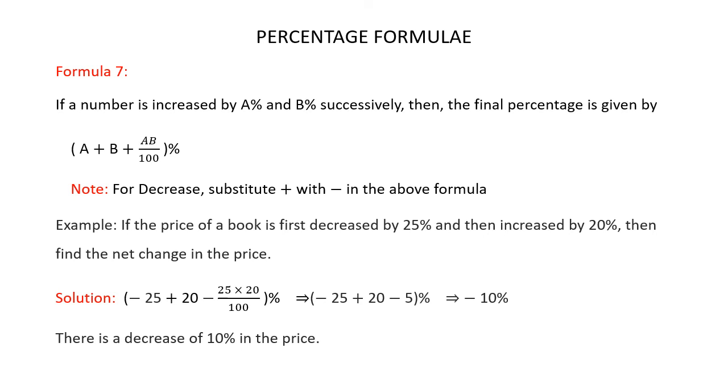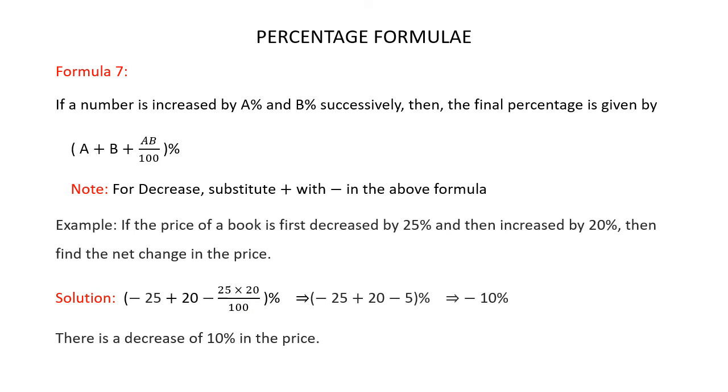You will get the net change is equal to minus 25 plus 20 minus 25 multiplied by 20 divided by 100%. Now you can cancel out 20 and 100. You will get 5 here in the denominator.